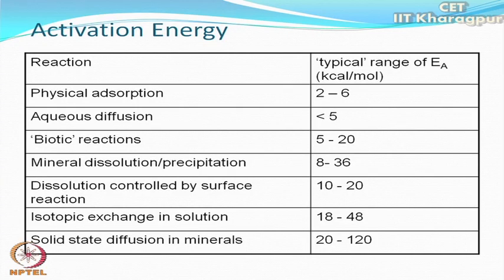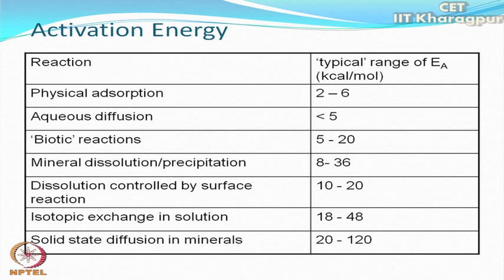Next, let us have a look at the typical range of this activation energy, that is different. I have tabulated a number of processes and reactions with their typical range of activation energies.